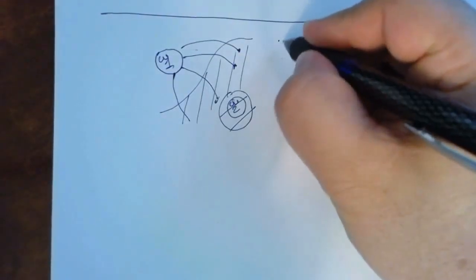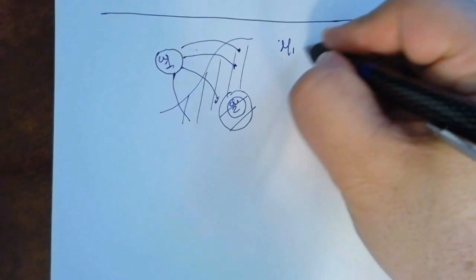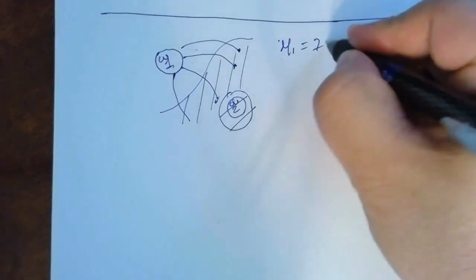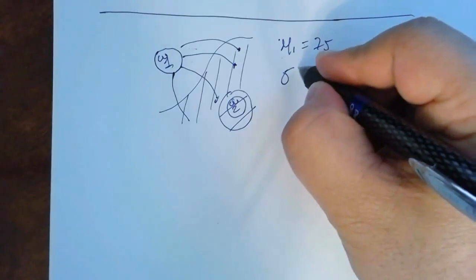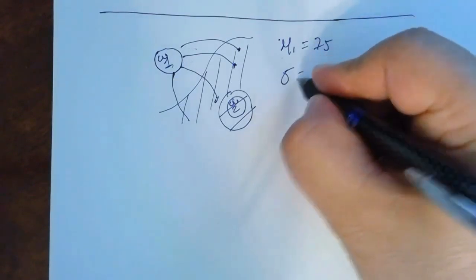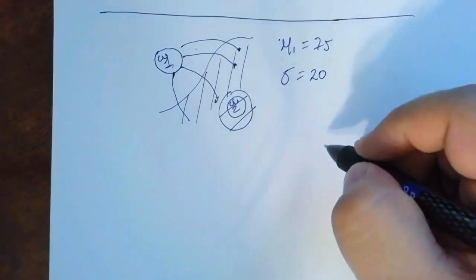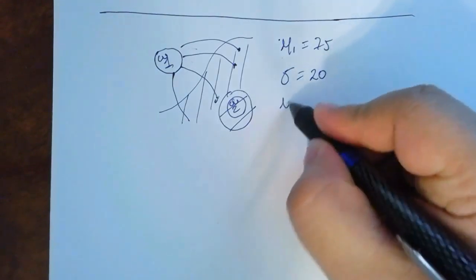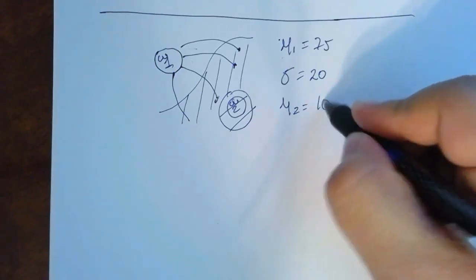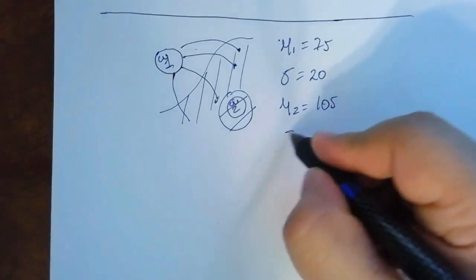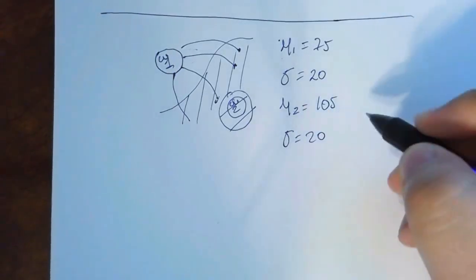If originally warehouse 1 had an average demand of 75 and a standard deviation of 20 in the demand, and warehouse number 2 had an average demand of 102 and a standard deviation also of 20.